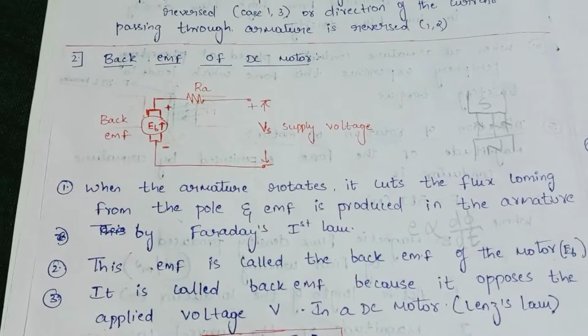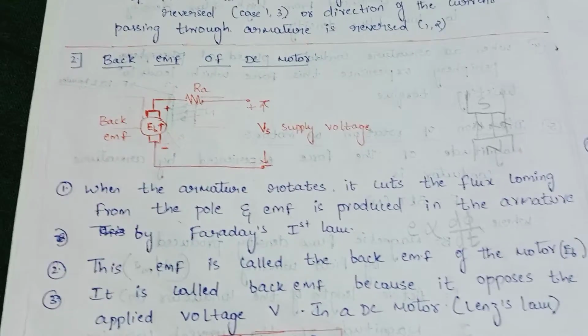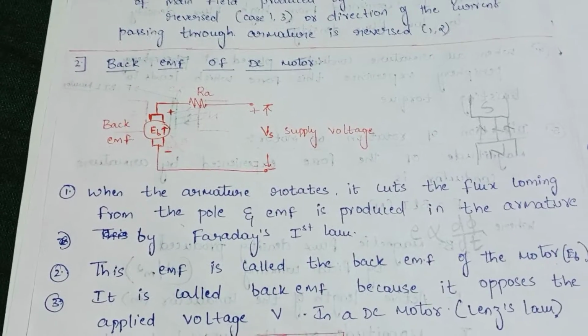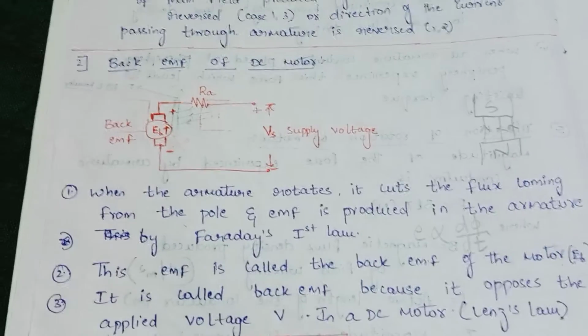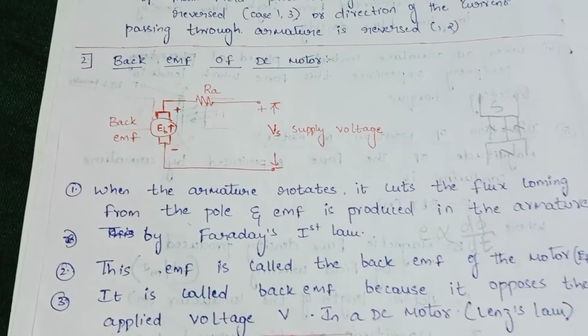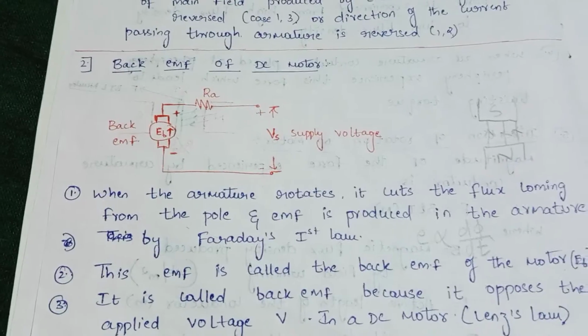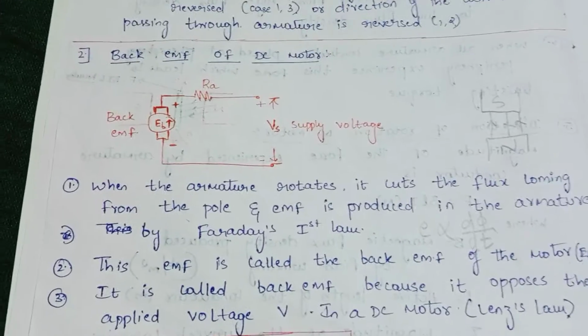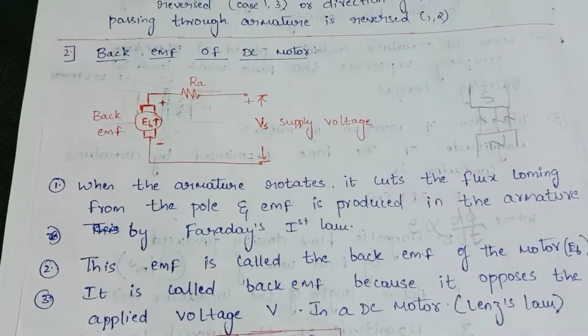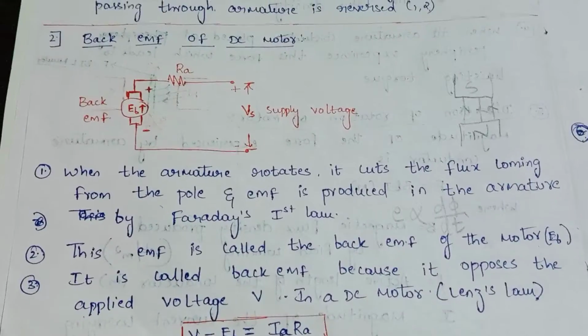While carrying the current, using the right hand thumb rule, we get the force applied on the armature. That twisting force leads to the rotation of the armature, right?